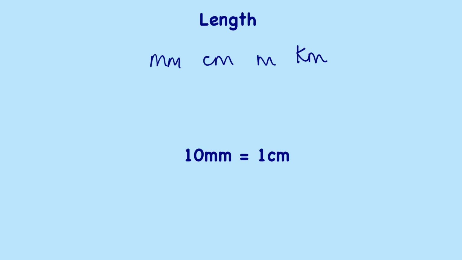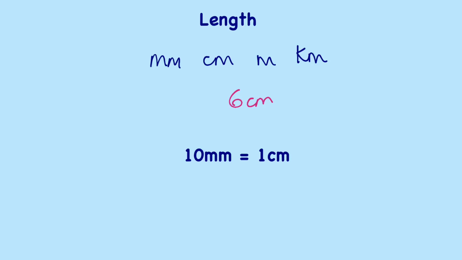What about if I measured a pencil and the pencil measured 6 centimetres and I wanted to convert that into millimetres? Now I know that 10 millimetres is 1 centimetre, so to get from 1 centimetre to 10 millimetres, what have I had to do?